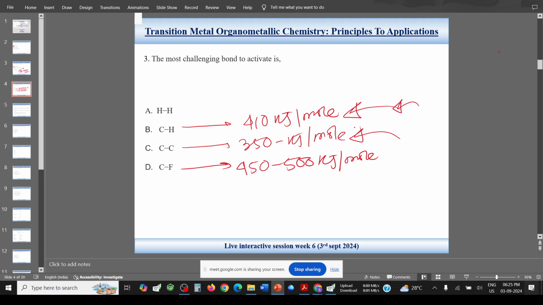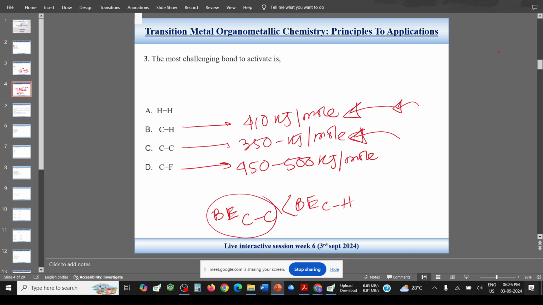Can you tell me one reason why the CC bond is more challenging in spite of its bond energy? If we write, the bond energy of CC is less than the bond energy of CH, but the activation of CC is more difficult.